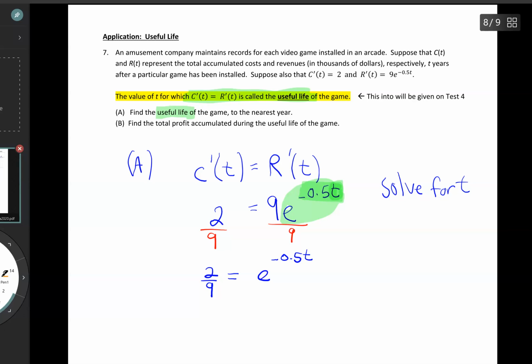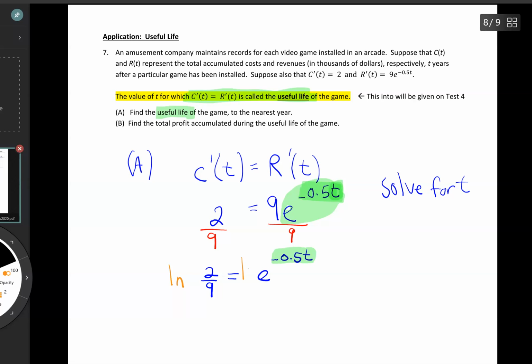And then you have to think back, put your algebra hat on. If your variable is trapped in an exponent, so this is an exponential function, how do you get the exponent down? What undoes exponentials? Yeah, logs, right? So I can take the log of both sides if I want. Or I can take the natural log of both sides.